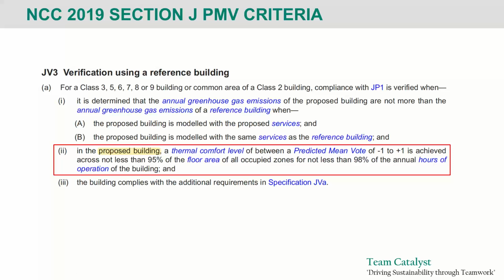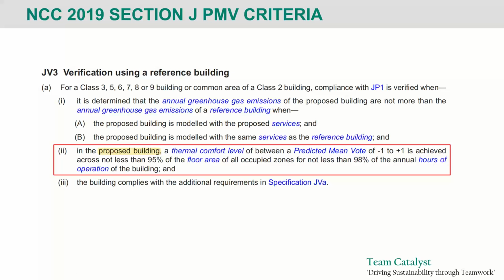Thank you. So this requirement for PMV, as is highlighted in yellow, is for your proposed building. So for your proposed building, you can see here that you have to maintain a PMV between -1 and +1, and that's got to be maintained for not less than 95% of the floor area of all occupied zones for not less than 98% of the annual hours of operation.